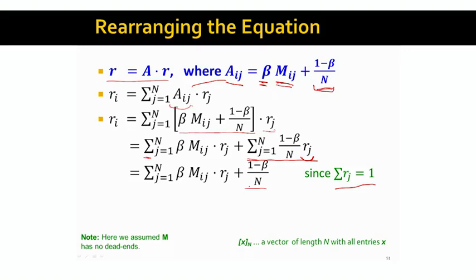So notice what we did right now. We expressed our R equals A times R into a different expression where R equals beta times M times R plus some constant. What this means is that we never really need to explicitly express matrix A. We never need to materialize this big, dense matrix where every entry is non-zero.